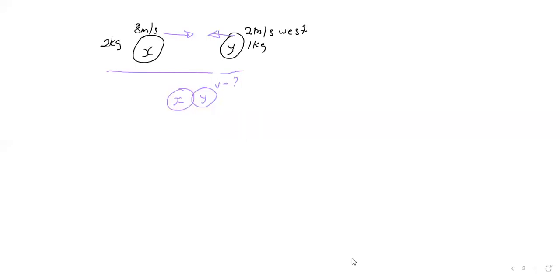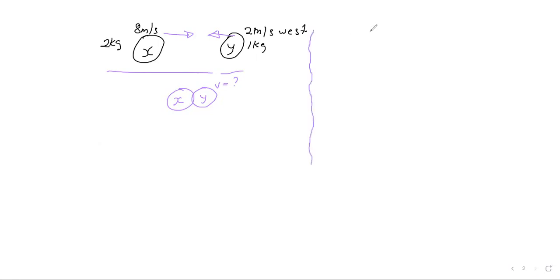Now, we need to get the sum of the initial momentum here before the collision, and compare with the sum of momentum after collision.